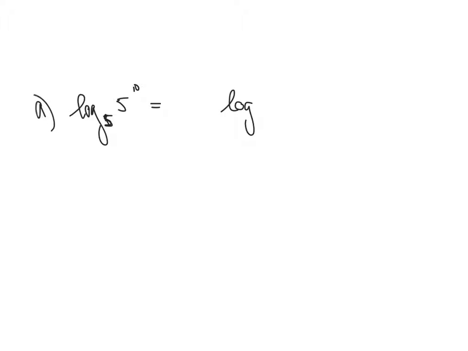So we've got log with a base of 5, 5 with a 10 as an exponent. And if you want to solve that, you look up at the top, or in the basic properties of logarithms, and you look for one similar to that. The one similar to that is C, number 3.